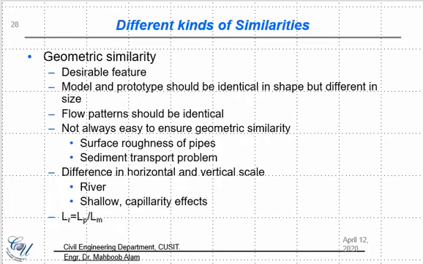This is another problem, because if with the same ratio you are now decreasing the depth of water, again you are introducing capillary effects, creating other problems for it. So these are the problems that have to be looked into when we are providing the geometric similarity.